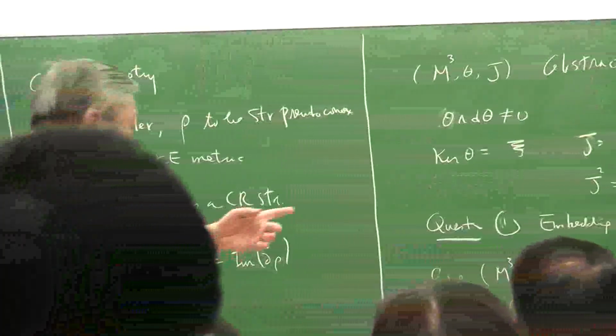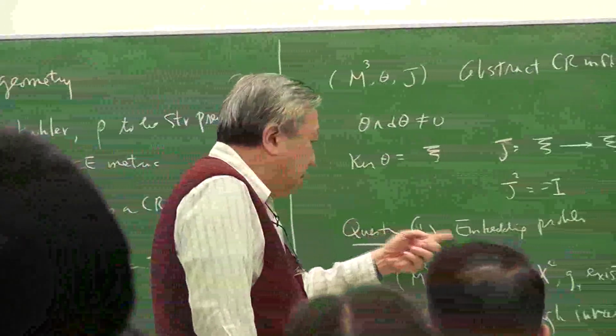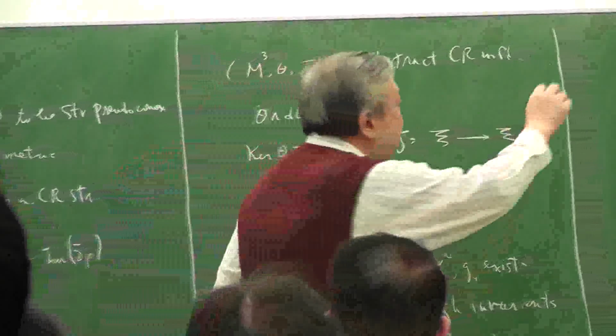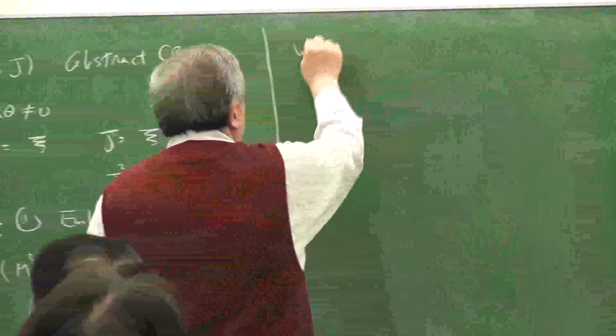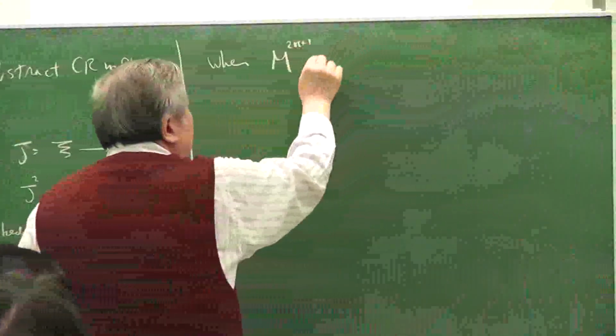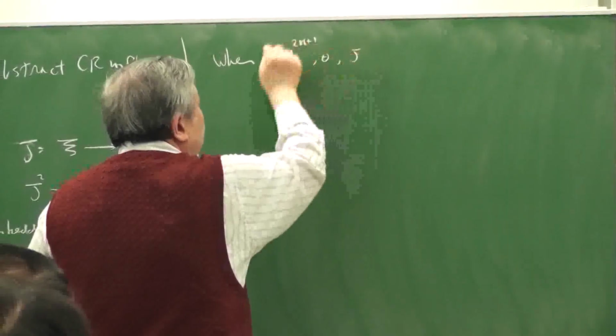So first, let me just say, this embedding problem, in higher dimensions, is completely solved. So we're looking at the lowest odd-dimensional case. So when m plus 1, we have the contact form. Yes.